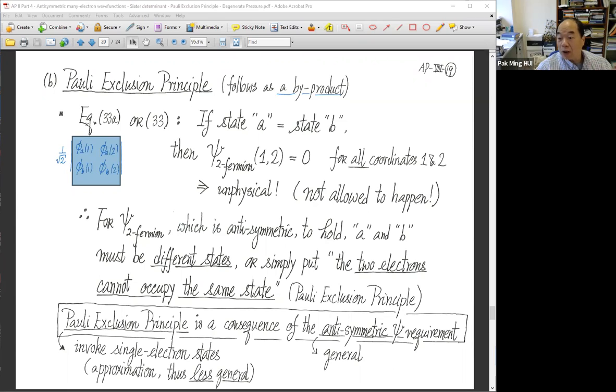You have learned the Pauli exclusion principle, memorize it in chemistry course, okay? But now you understand at a higher level of understanding, it is not about single electron states. It is about the antisymmetric requirement of many electron wave functions in general.